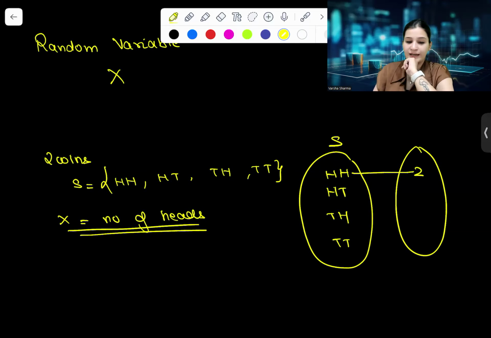Now we'll talk about 3 coins. So first everybody write the sample space for 3 coins.